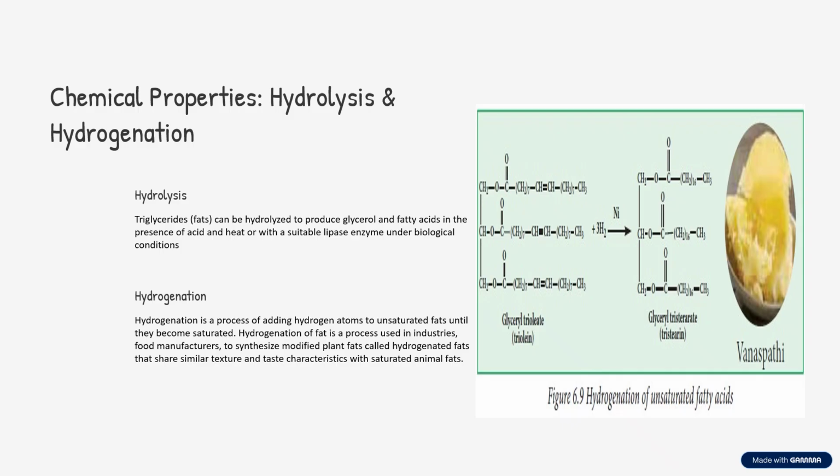It is a very common process to produce products like vanaspati. Food manufacturers synthesize modified plant fats called hydrogenated fats that share similar texture and taste characteristics with saturated animal fats.